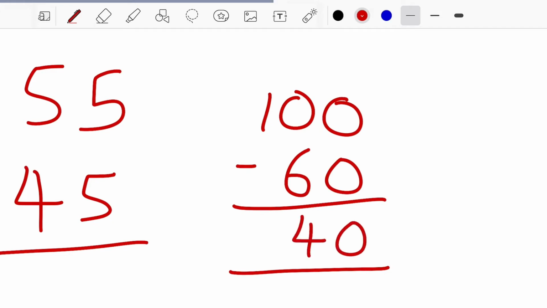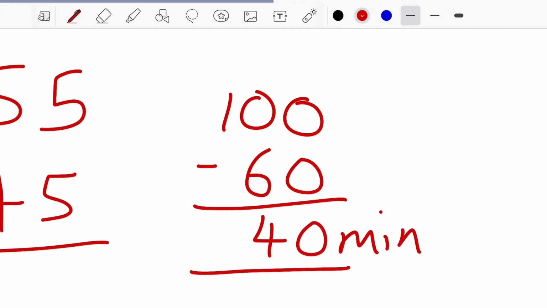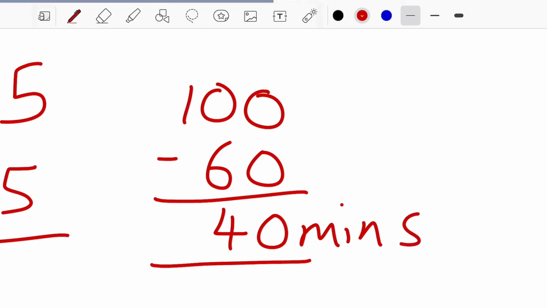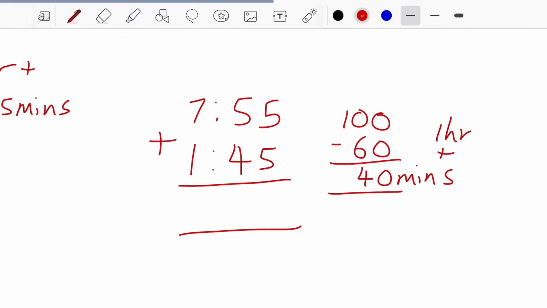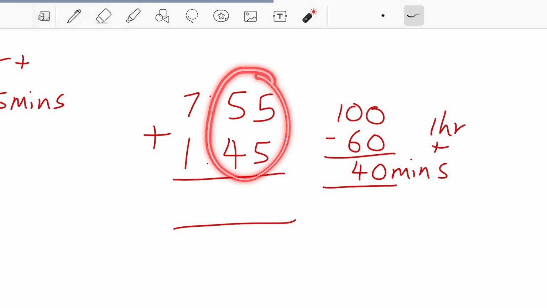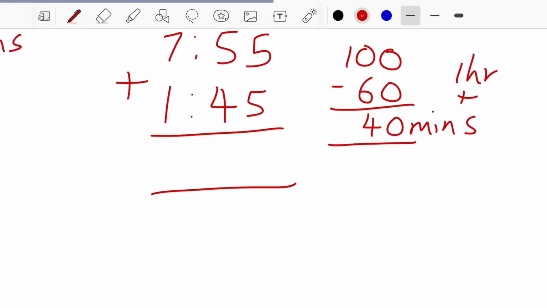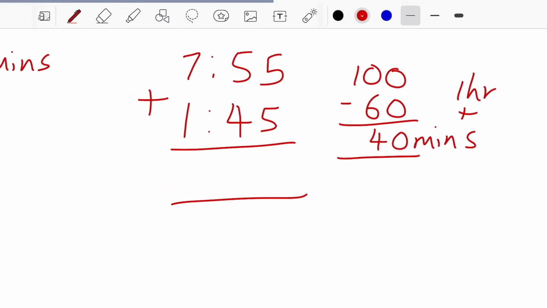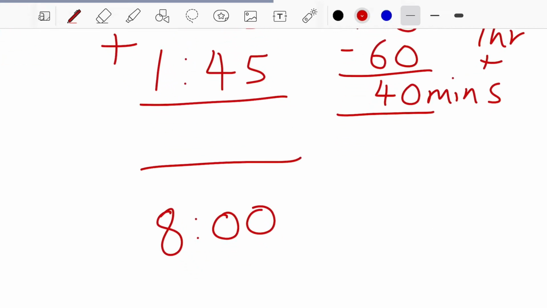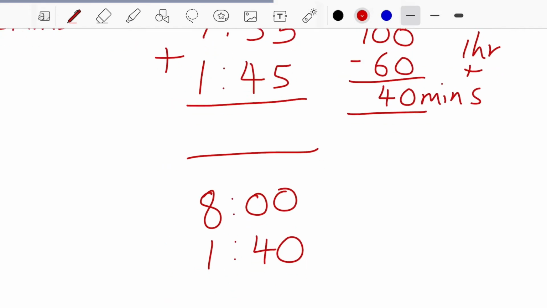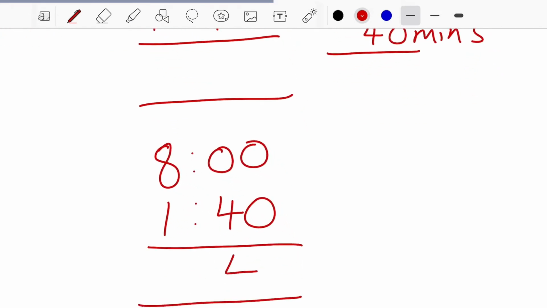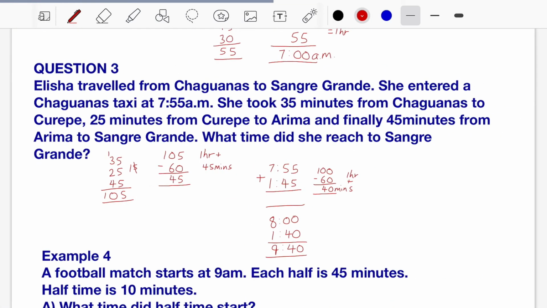So that's 40 minutes, but remember, we subtracted 60 once, so that's 1 hour and 40 minutes. So we still have the 7 and the 1 here. So 7 plus 1 is 8 hours, and we are going to add 1 hour and 40 minutes. So that will give us 9:40 a.m. Yes.